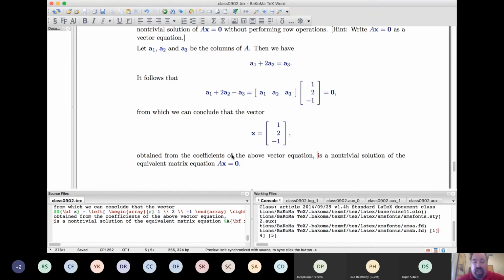If none of those apply, then the thing to do is perform row operations. You put them in a matrix and row reduce it. Echelon form is enough to answer the question of linear independence. See if you can find a pivot position in every column. And if so, then they're linearly independent.